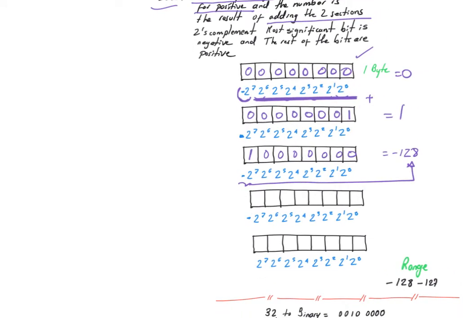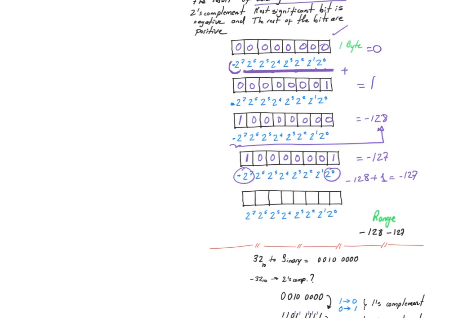Now, minus 127 would be to have a 1 here and a 1 here, because we would have minus 128 plus 1, right? So we can start increasing by using these bits.